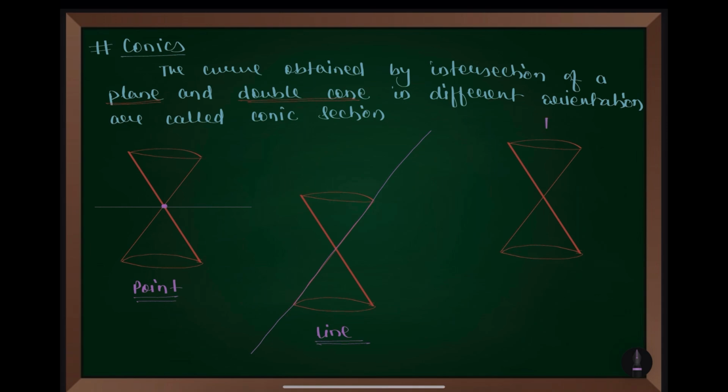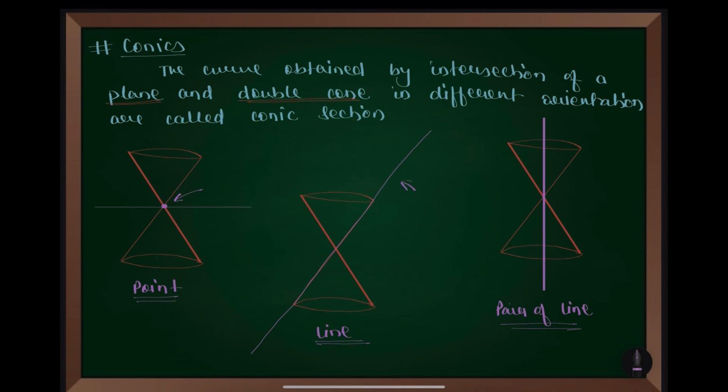Now suppose that your plane is passing this way. Here you will have a pair of lines. This also we have already studied, pair of straight lines. Suppose your plane passes and the intersection of the plane and the double cone becomes red. Here the red part will be a point.